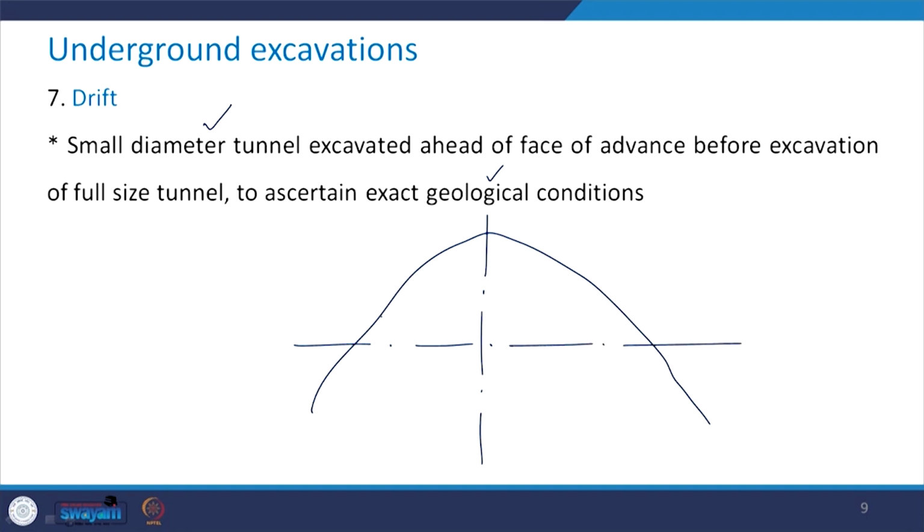Now this is say the top part or the crown portion of the tunnel, and here you have the invert portion. So the overburden is this much, which is H. Now this is the face of the advance.